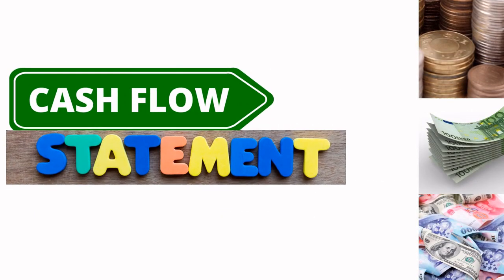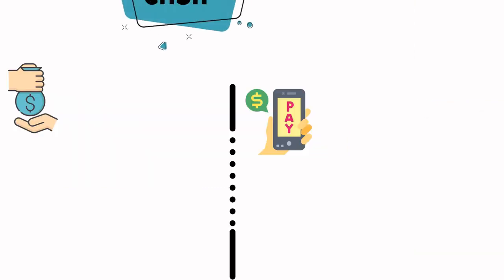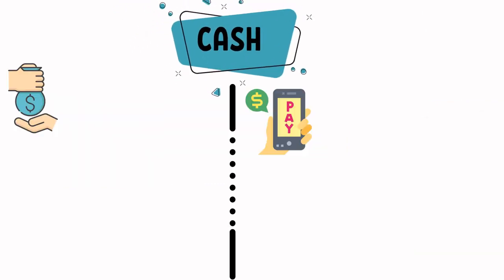The statement of cash flow is a financial statement that explains the changes in cash. Cash is an important asset. It is an account affected by many transactions. The debit side represents cash receipts.